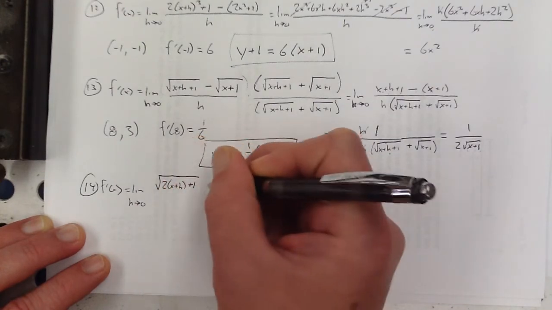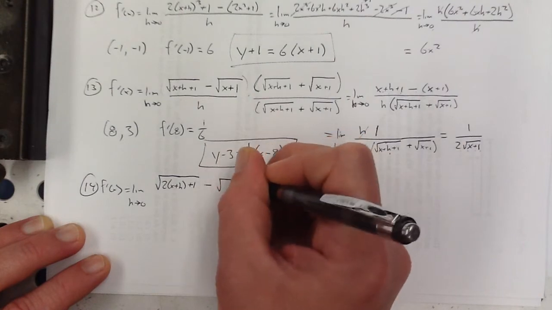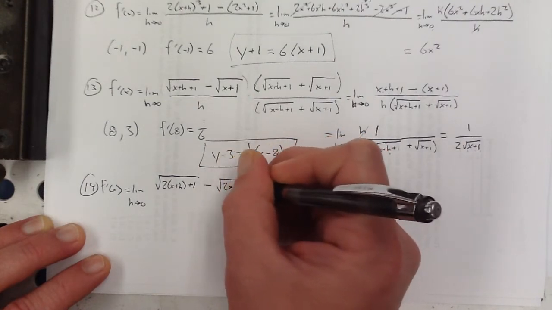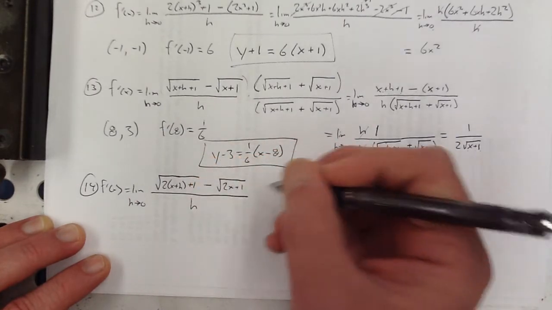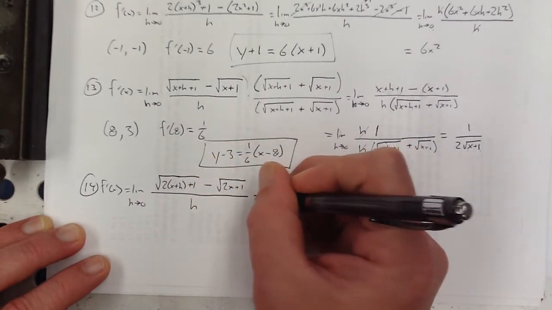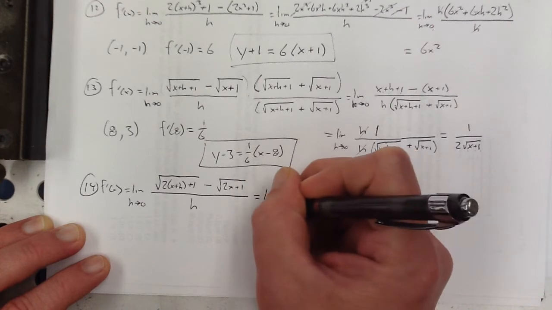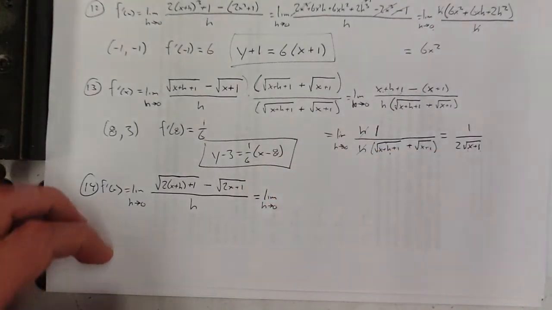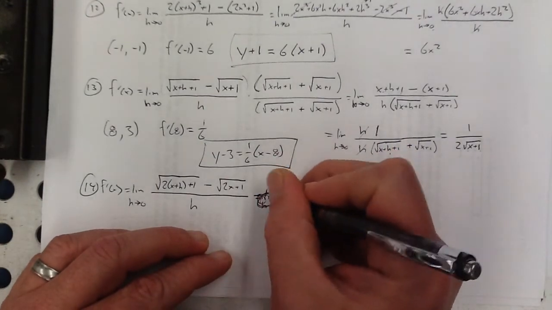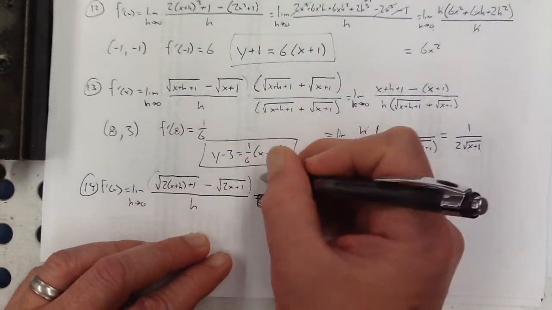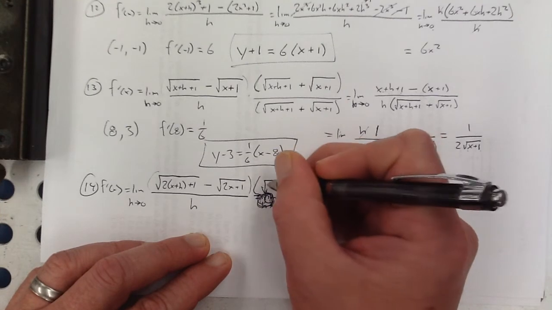Parentheses management is of much importance here. Being neat is too. I probably shouldn't have written that there because I need a little room to write out the conjugate that I'm going to multiply by.